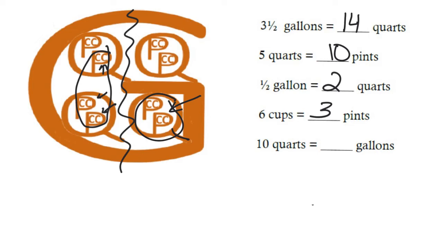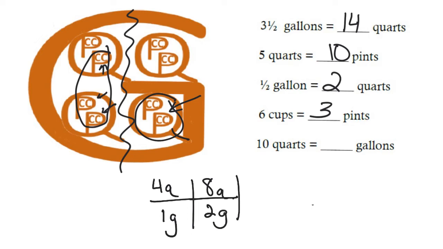Well, we can see in here that 4 quarts is 1 gallon. So if I double that, that would be 8 quarts, would have to be 2 gallons. But we're trying to get to 10 quarts.